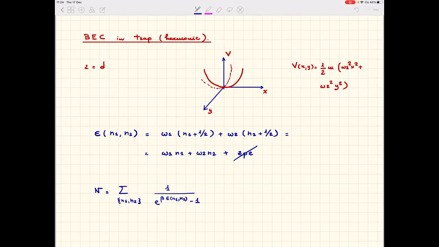And I can rewrite this equation as follows, as the integral between 0 and plus infinity, d epsilon g of epsilon divided by e to the beta epsilon minus 1, right?